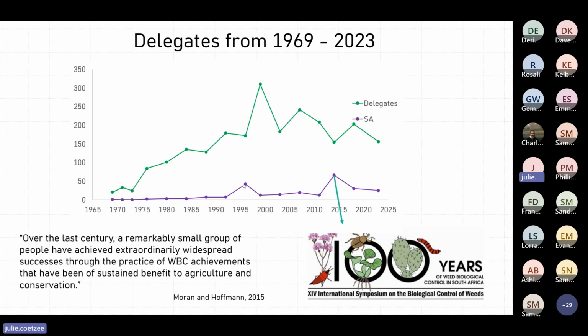South Africa hosted a conference here, which is where we had a peak in South African attendees, and then again in 2014 in Kruger Park, and this is the beautiful logo for that conference. But overall, not a very large group of scientists internationally.